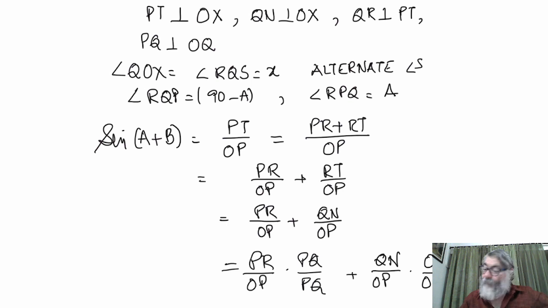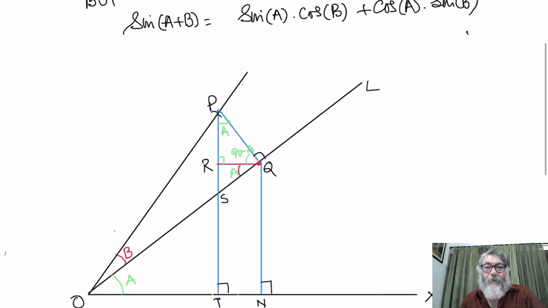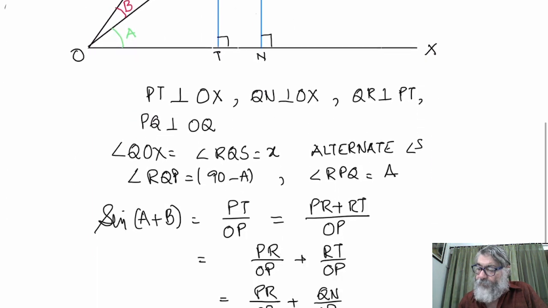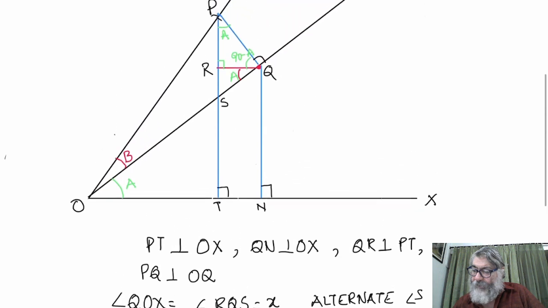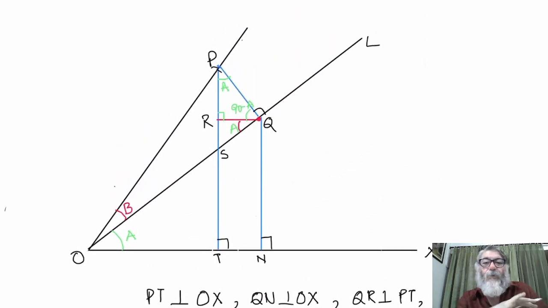Please understand why we are doing this. In the first case, I got PR upon OP. PR is this side here, you can see in the figure, and I got OP. PR and OP are not related through any triangle.